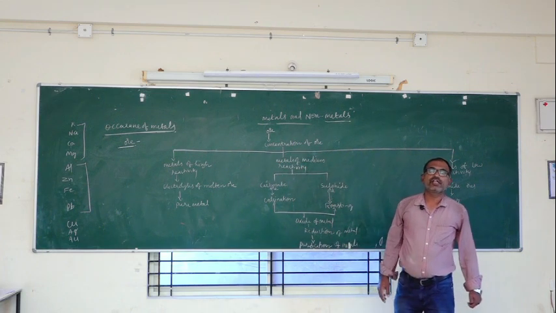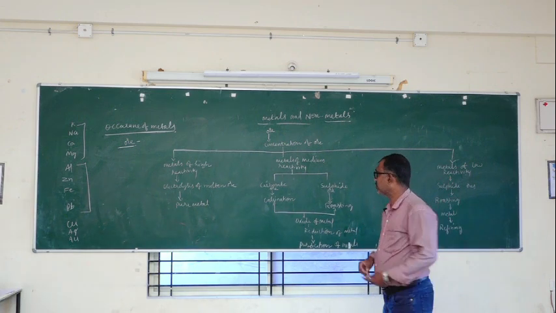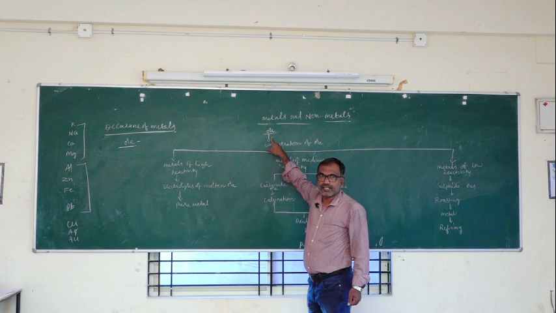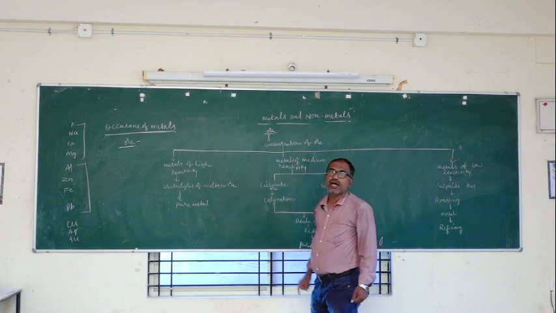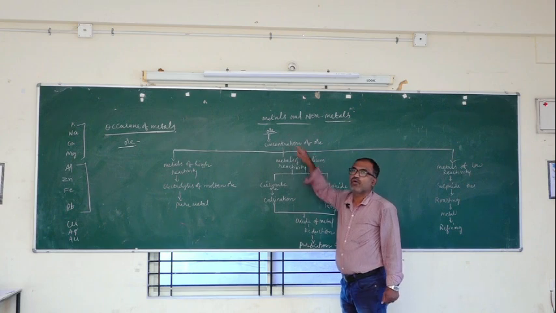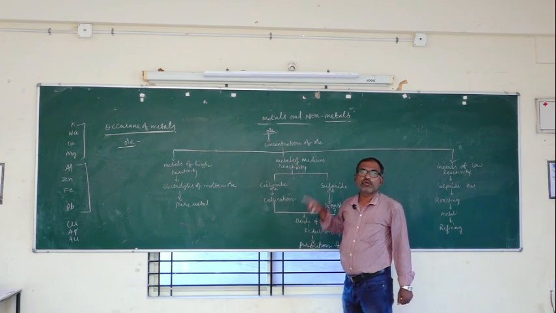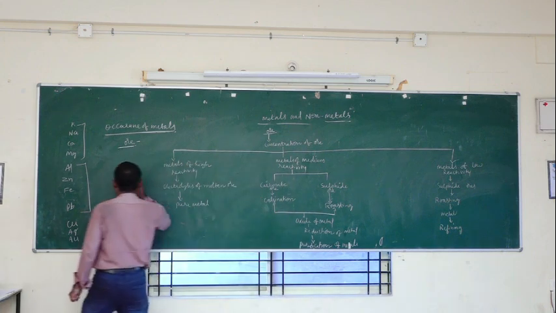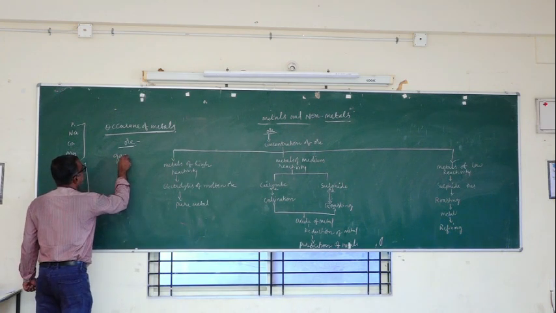What is the meaning of concentrated? Along with the ore, there are many impurities present. First, we have to remove the impurities, and these impurities are called gangue.